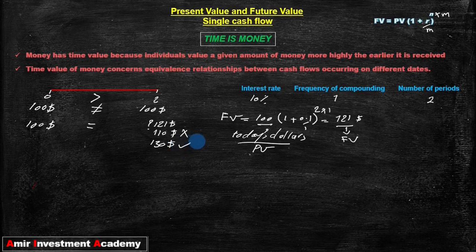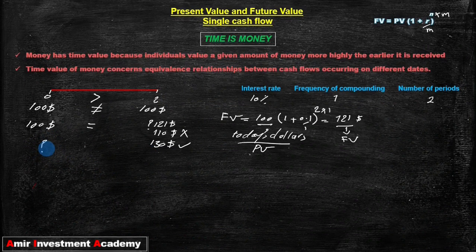Take my money. Because if I have my $100, I can invest it at a 10% rate and get $121. You're giving me more than that. So that's a good deal, right? But now the question is, how much is this $130 in terms of today's dollar? How much is this $130 that is happening in 2 years worth today?